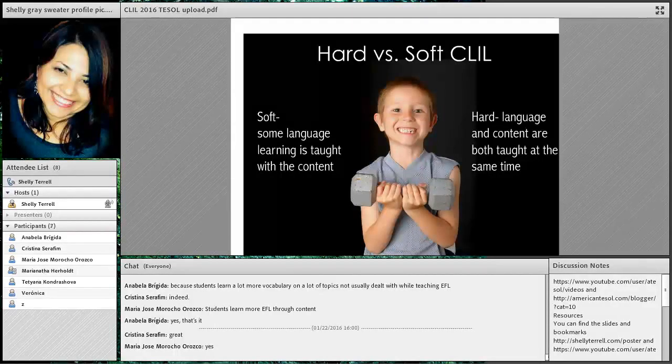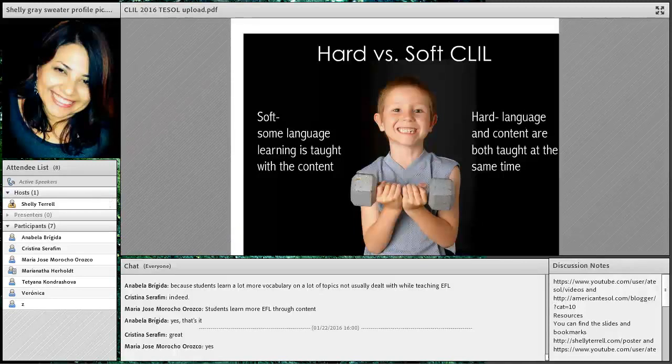Now there are different types of CLIL. If you're just starting, or if you're asked by your institute to start teaching a subject, then you have a couple of choices. You can do soft CLIL. Soft is where some language learning is taught with the content, and then there's hard CLIL, where language and content are both taught at the same time.